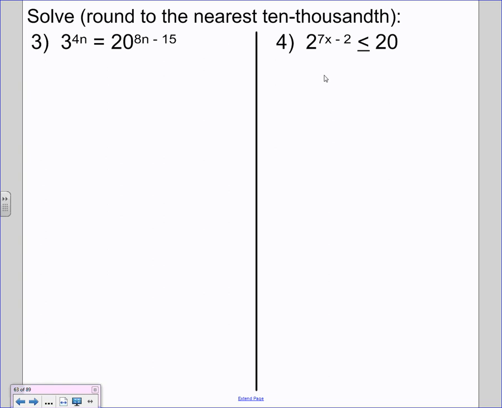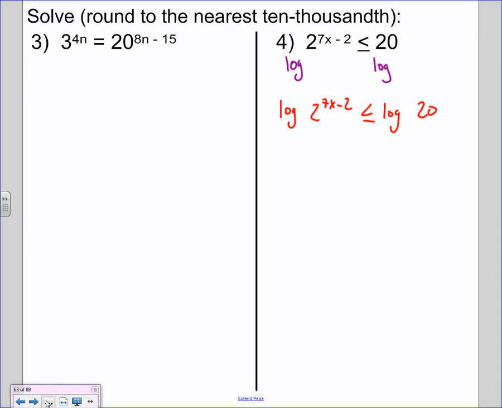For number 4, I need to use a log on both sides. So let's go ahead and use the common log on both sides. So I would now have log base 10 of 2 to the 7x minus 2 power is less than or equal to log base 10 of 20.